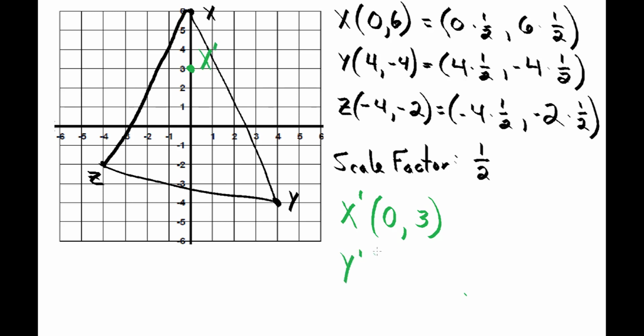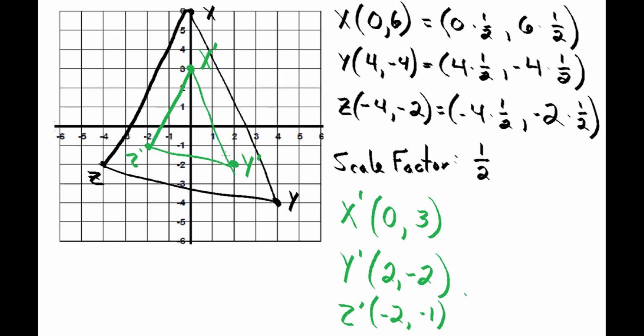And then for Y prime, we would end up with (2, -2), which would be here. This is Y prime. And then for Z prime, we would end up with (-2, -1), so it's going to end up here, Z prime. So that is our new shape, or our new figure, our dilation. So now our scale factor was 1/2.